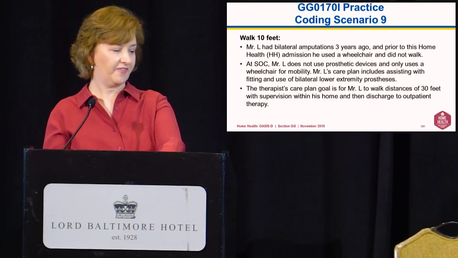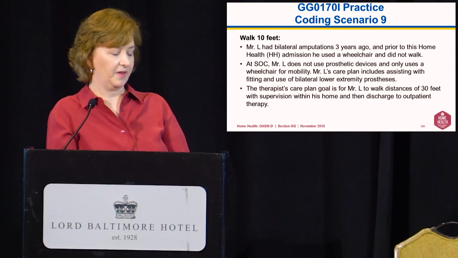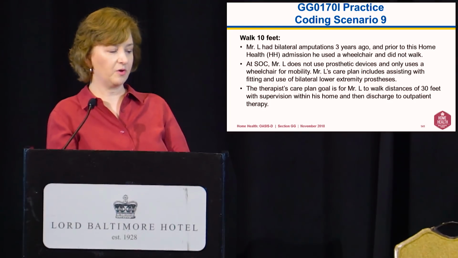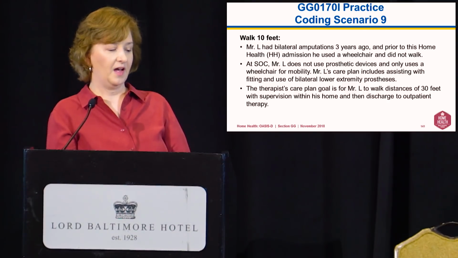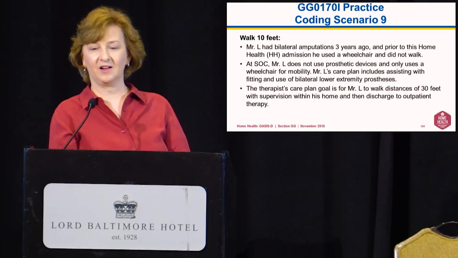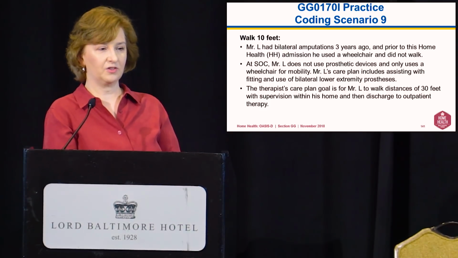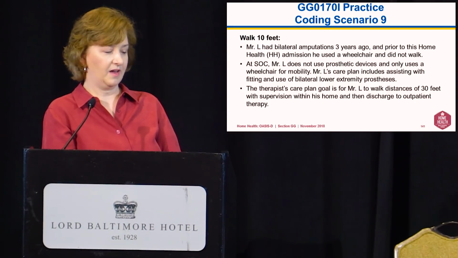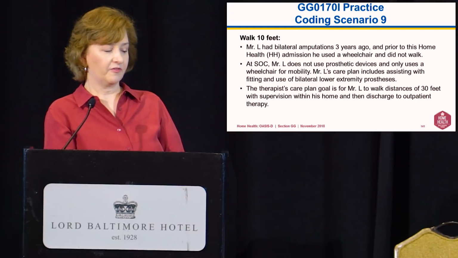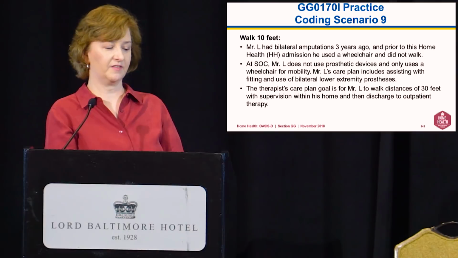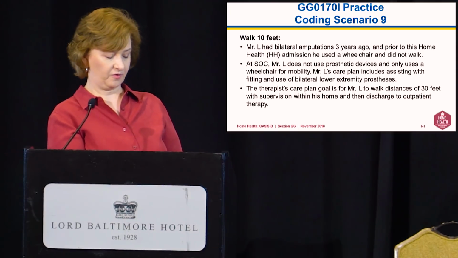So let's start off talking about his SOC performance. It says he does not use prosthetic devices and only uses a wheelchair for mobility. So in this case, he actually is not walking, and so you'd provide a code indicating the reason the activity was not attempted or completed. And in terms of goal, it says the care plan is that he will walk for distances of 30 feet with supervision.